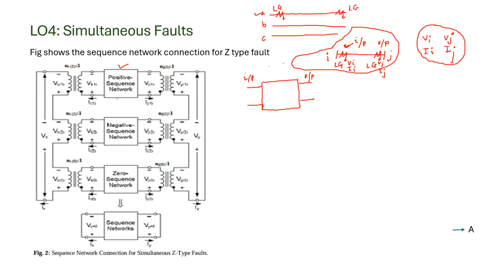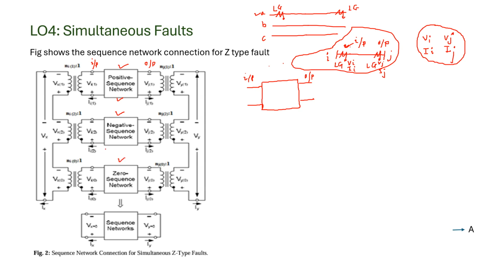This is the positive sequence network of the system with the input pair, where one LG fault is taking place, and the output port where another LG fault is taking place. Similarly, you can have the negative sequence network and the zero sequence network.